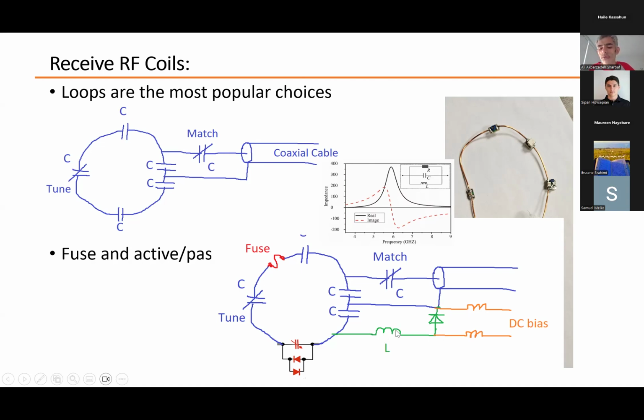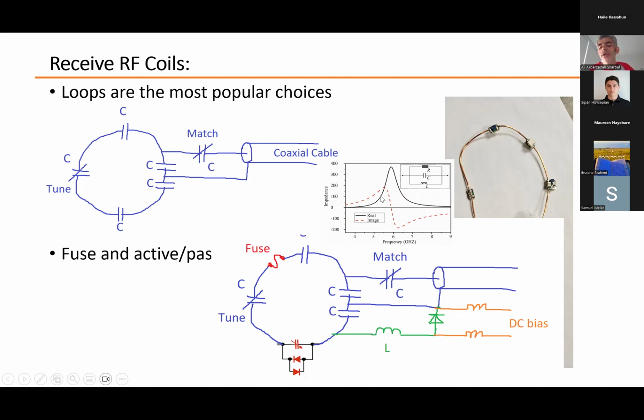This L goes in parallel with this C, and the L should be selected in a way that L and C in parallel have a resonance frequency at the Larmor frequency. So at the Larmor frequency, these two resonate and show a really high impedance.